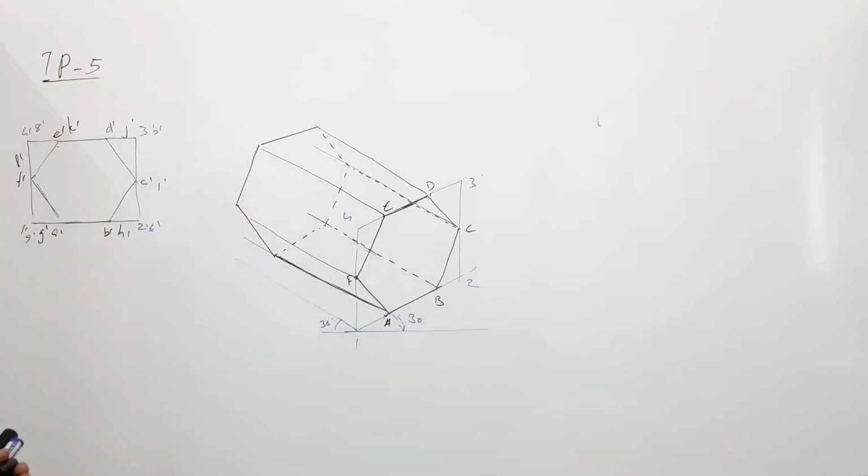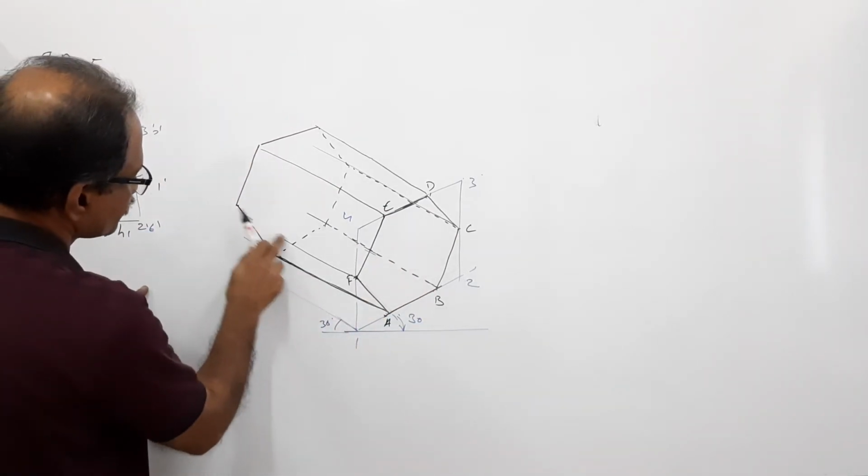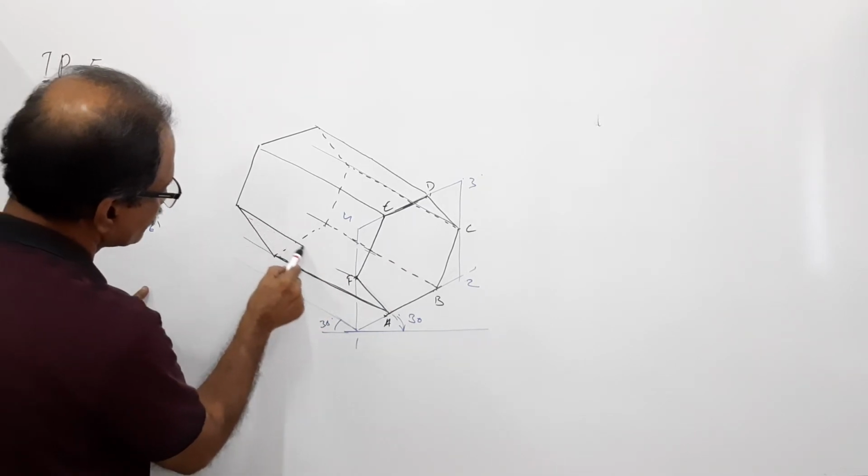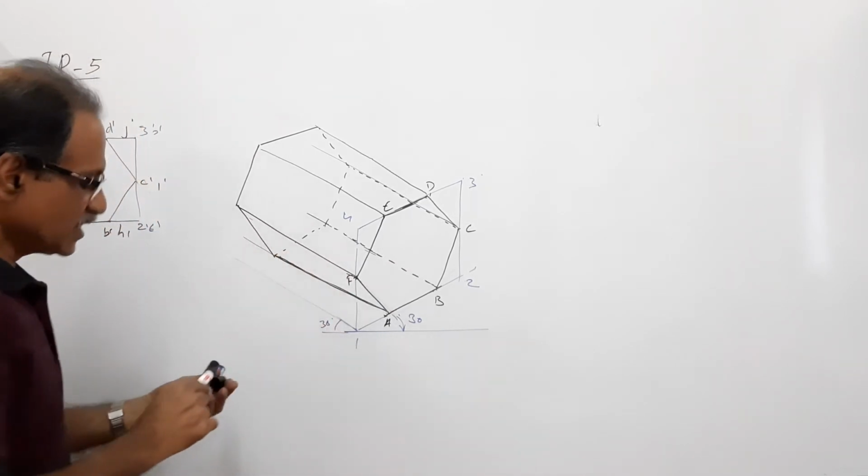You have got the hexagonal prism now. This is the hexagonal prism.